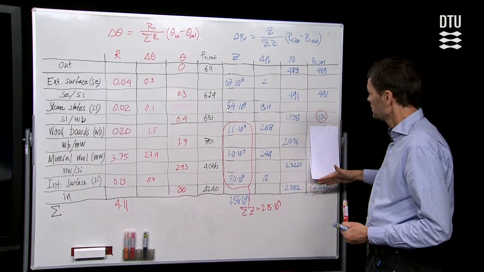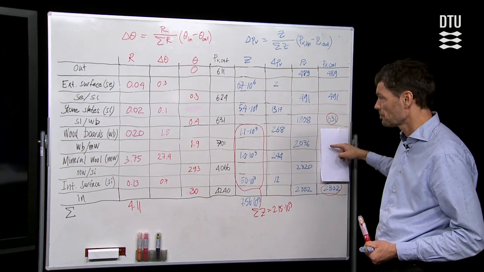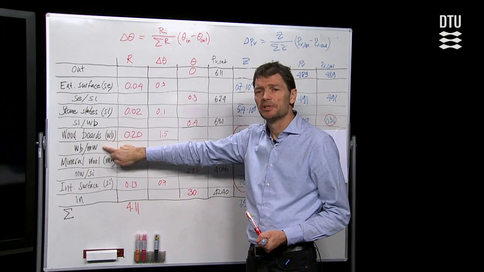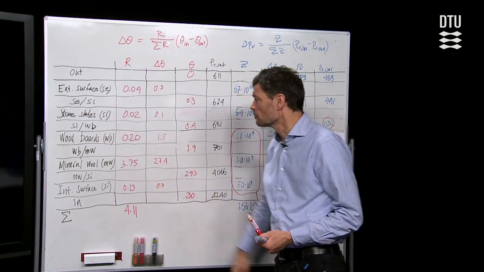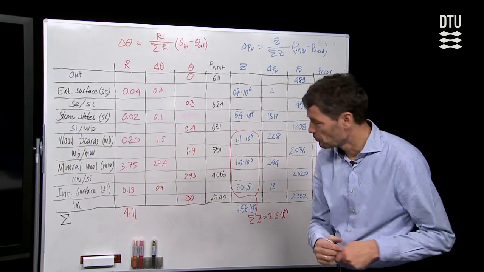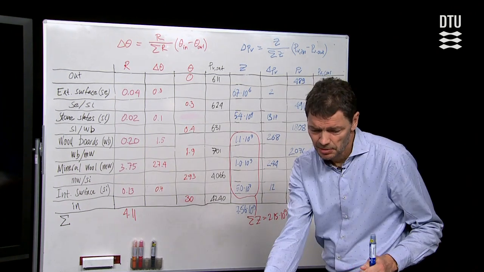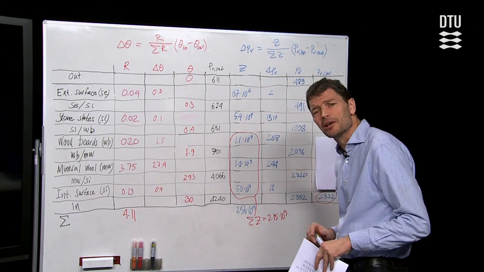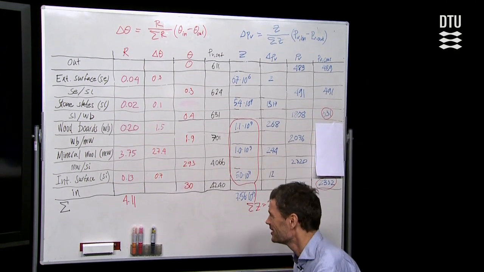Now, to make the correction, if I want to calculate the vapor pressure in the interface between wood boards and mineral wool, well, then the equation would look different. And I hope I can put it correctly down here in the bottom, and I hope the camera can follow me all the way down here.